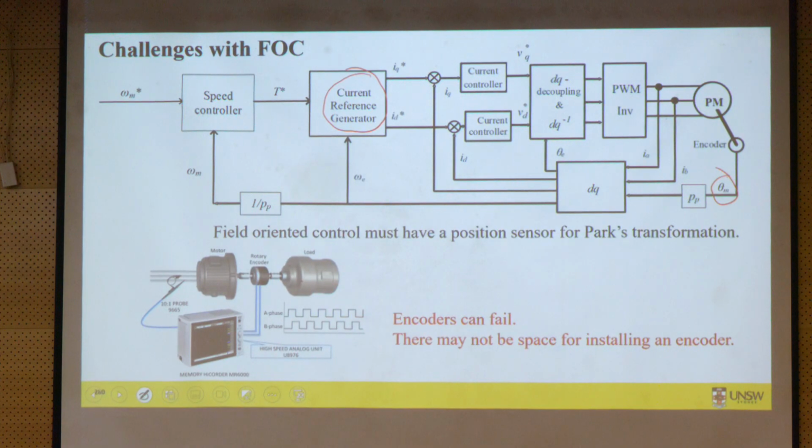And position estimation can be done through many different methods. For sensorless control, the correct position estimation is the most important part, okay? There could be sliding mode based observer based position estimator. There could be back EMF based position estimator and many, many more. Okay.